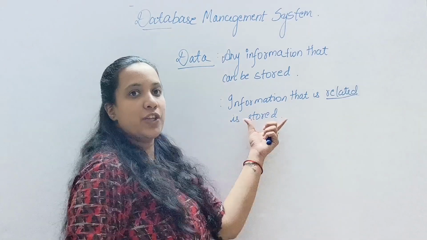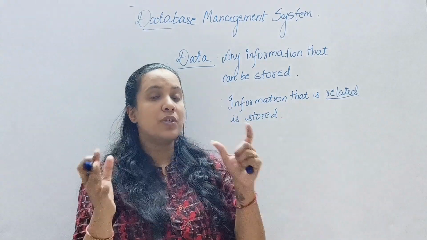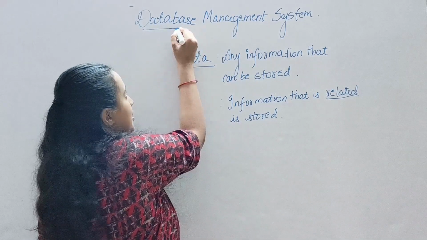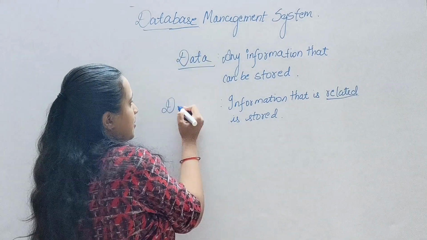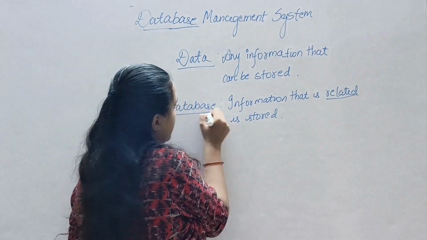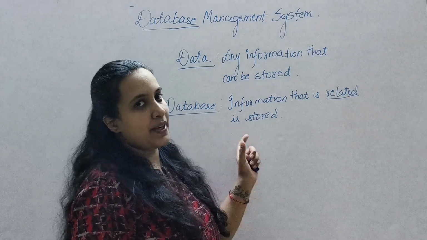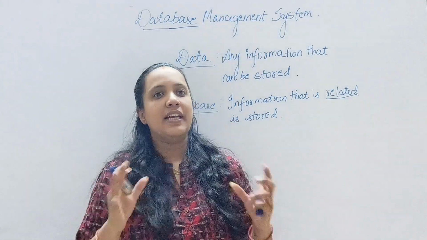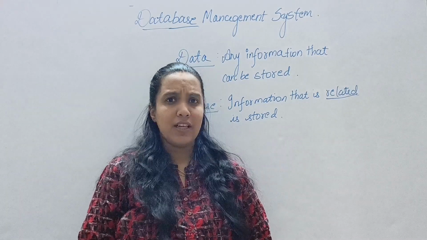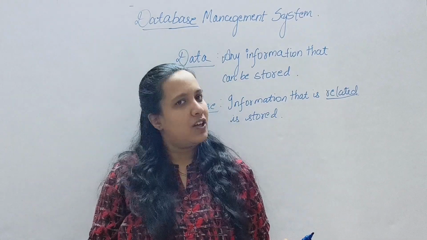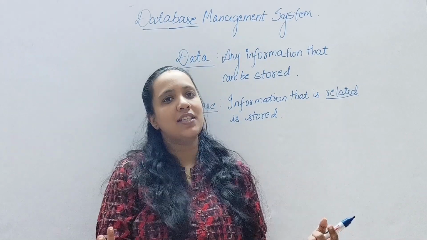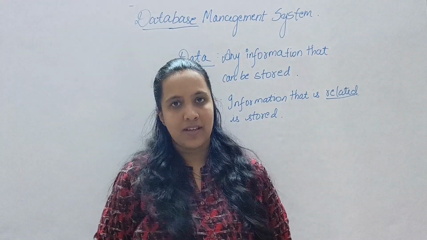Now, this thing where you store the related information at a place is nothing but your database. So, what is a database? The related information which is stored at one particular place. Now, you have GBs of data, and you store those GBs of related data at a place. That is nothing but a database.